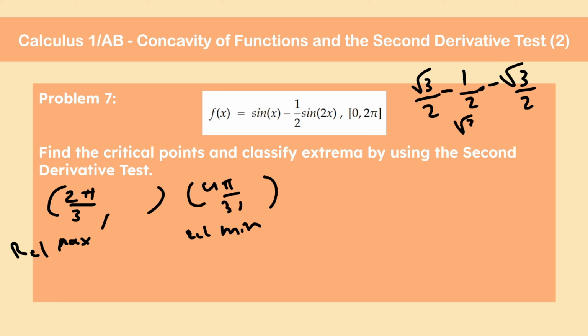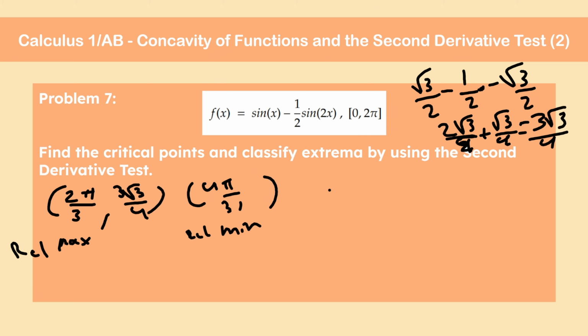So now we have square root of 3 over 2 plus square root of 3 over 4, or 2 square root of 3 over 4 plus square root of 3 over 4, which would be 3 square root of 3 over 4. So this is 3 square root of 3 over 4 for the relative maximum. And now for the minimum, we do the same thing, but we plug in 4 pi over 3.